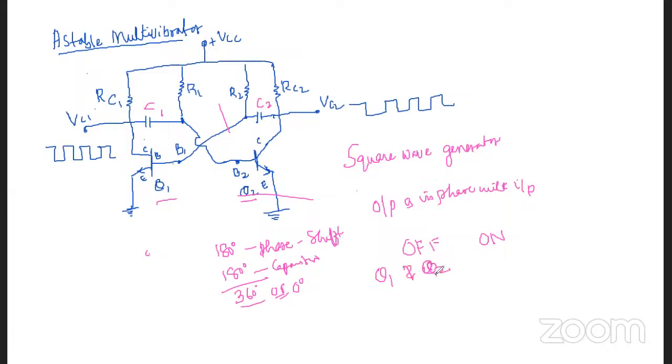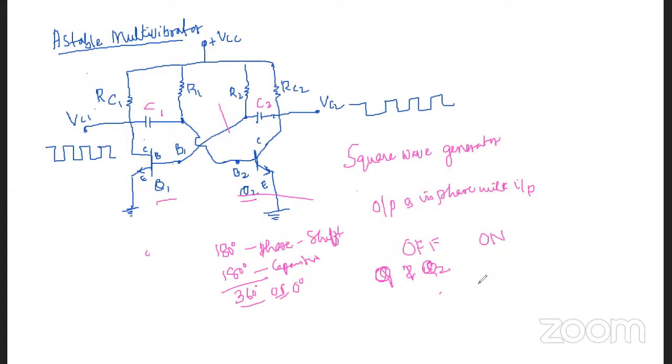But in practice, they don't deliver the same output here. Generally, as we have taken it is symmetrical, but Q1 and Q2 are generally not the same. So hence there is a small difference between the transistors Q1 and Q2.